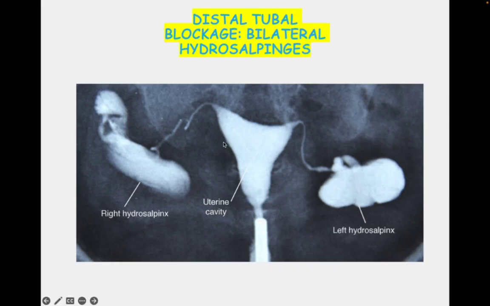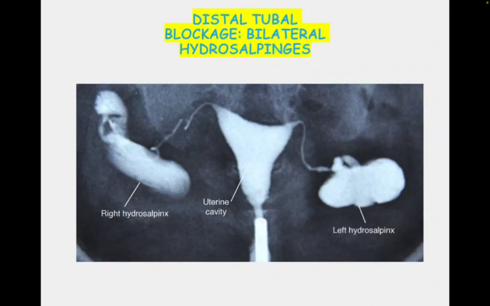Now this is the picture showing distal tubal blockage. Here you can see this is right hydrosalpinx and this is left hydrosalpinx. So this is the picture with bilateral hydrosalpinges. Usually HSG is more specific for distal tubal blockage as compared to proximal tubal blockage, because proximal tubal blocks can happen because of cornual spasms also.